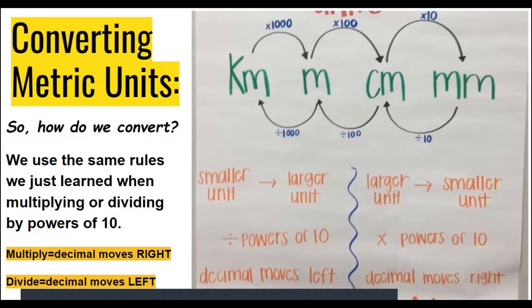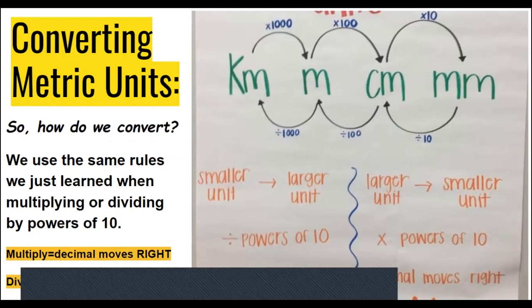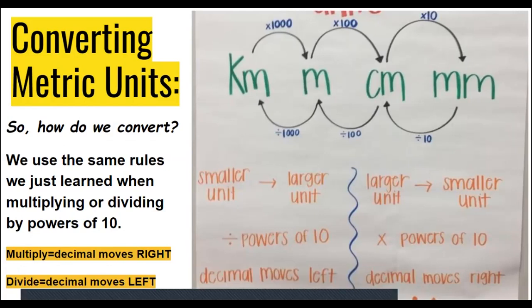When we go from a smaller unit to a larger unit, like meters into kilometers, we must divide by powers of 10, and the decimal point will move to the left.